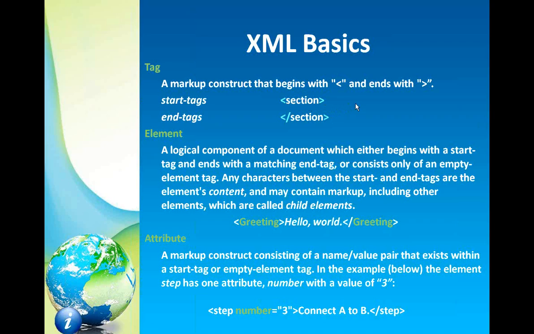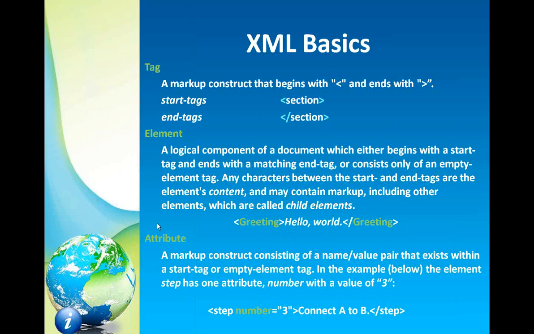Now, it may contain markup including other elements, which are called child elements, or the content itself. So here we have the start tag greeting and the end tag greeting, and the content in between here says hello world. You can also have other tags in here as well, and then content within those tags. Those are child tags. And we'll see some examples here in a minute.